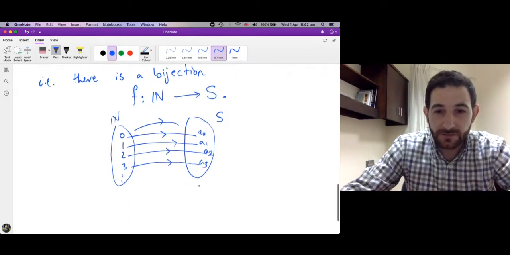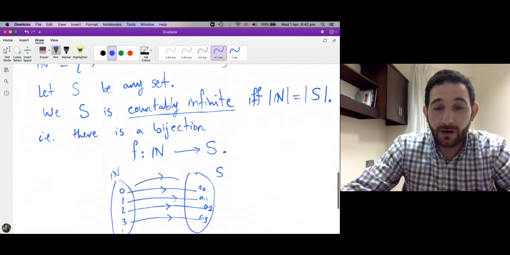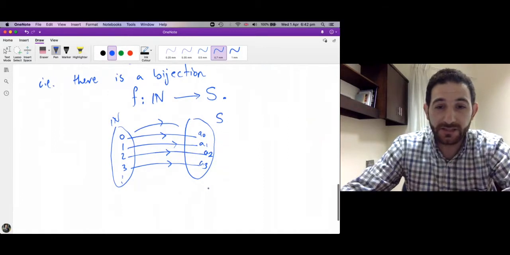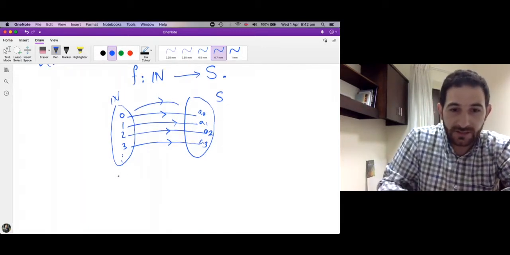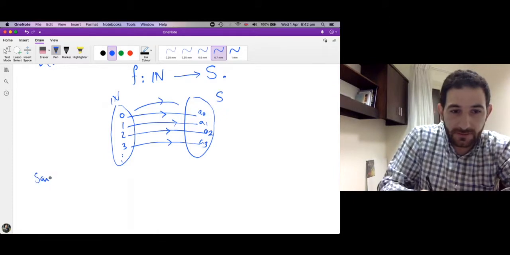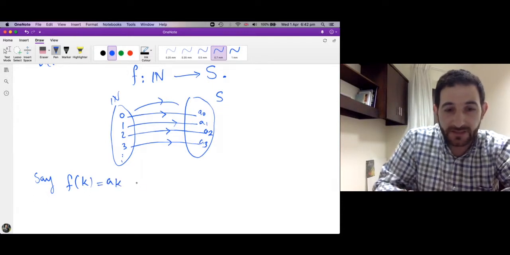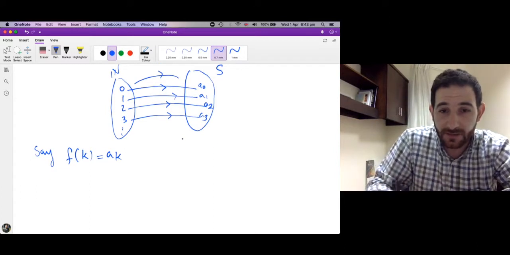So this means countably infinite sets are those sets whose elements can be listed. Since we have this bijection, the image of k is the element ak, and since f is a bijection, every element in S has exactly one pre-image.